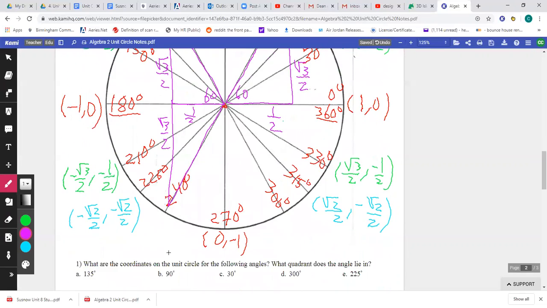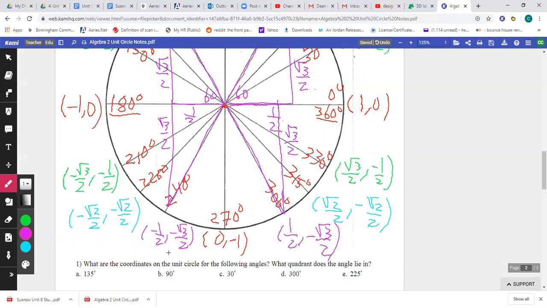And so since we're on the bottom left, this is negative 1/2, negative √3/2. And then obviously if I do this, the y value would be √3/2. And so this is 1/2, negative √3/2.